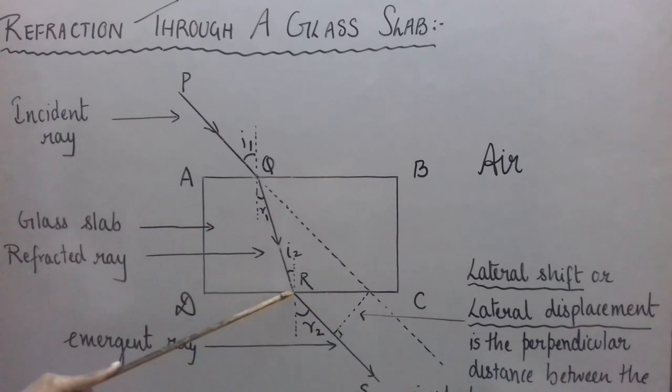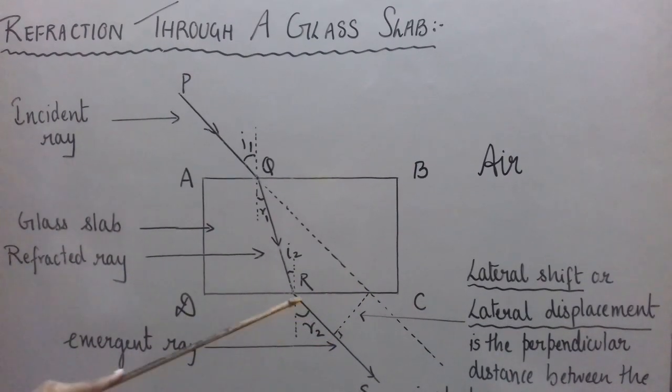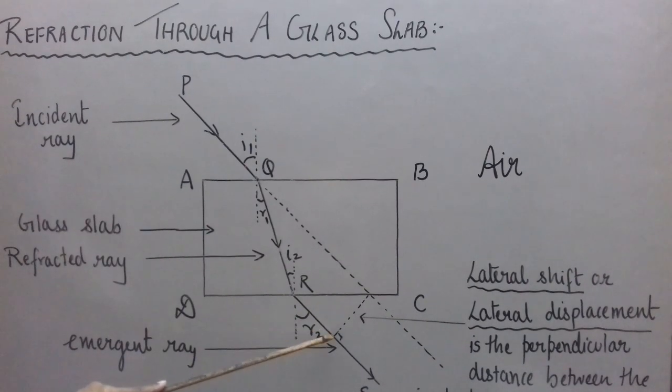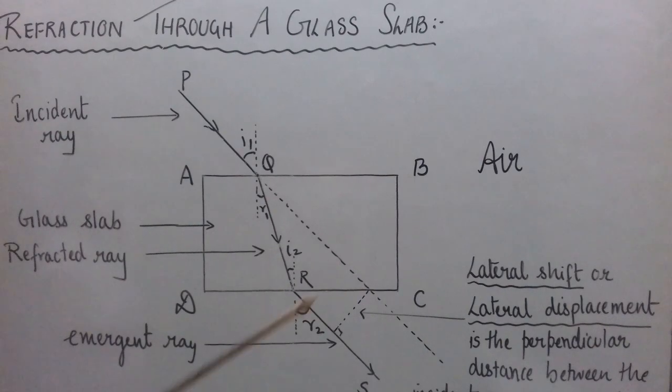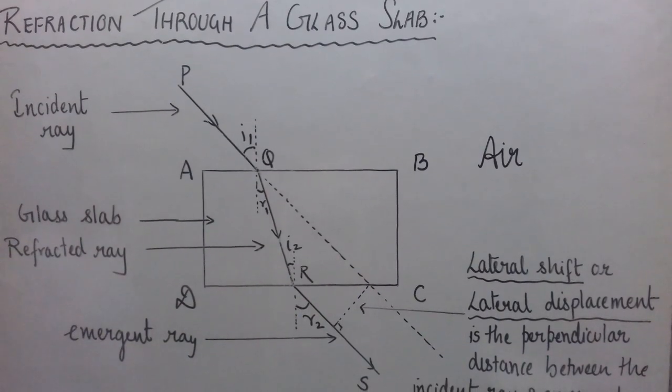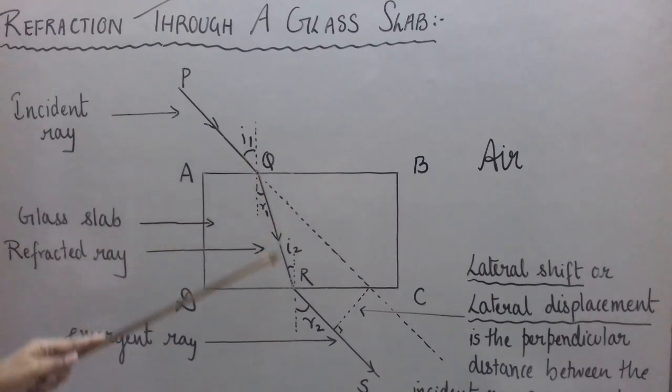Hence I have bent it in such a way that it bends away from the normal but is parallel to the produced incident ray. Now we know that refraction takes place twice, and we know which are the incident and refracted rays for the two refractions.